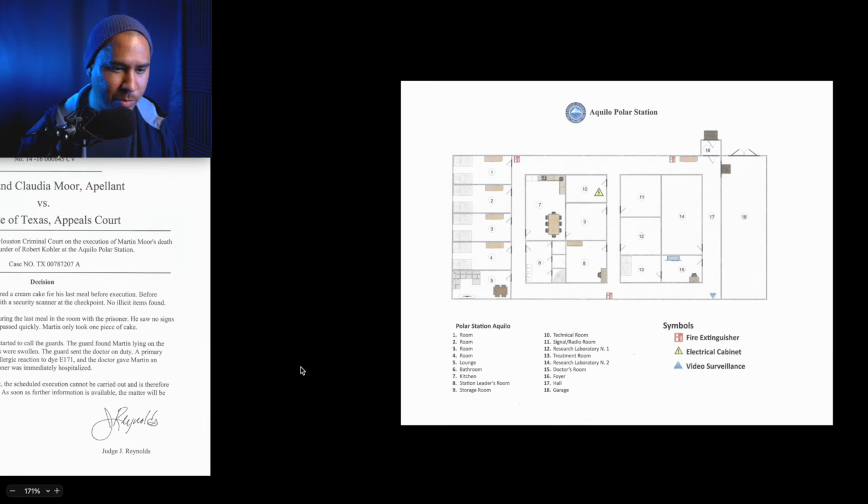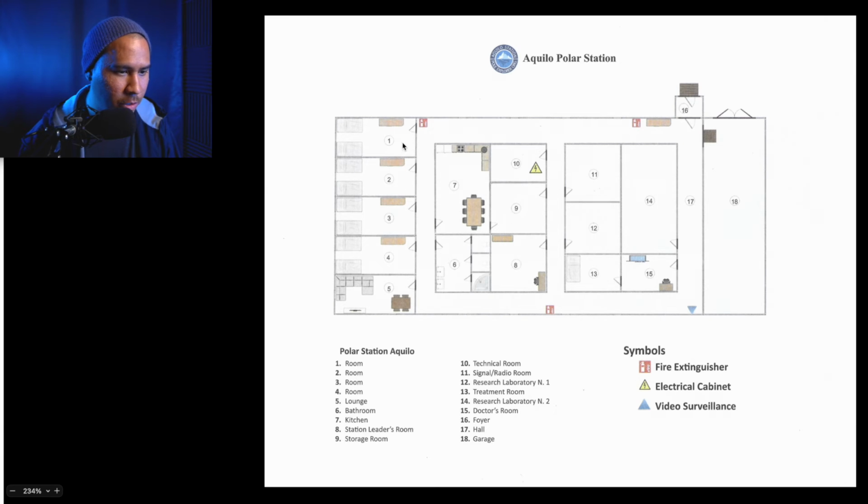All right, next we have a map of the polar station. So there are 4 rooms, a lounge, bathroom right here, kitchen, station leader's room is right here. This is a storage room, technical room, signal radio room, research lab 1, treatment room, research lab 2, doctor's room, foyer, where's 16?